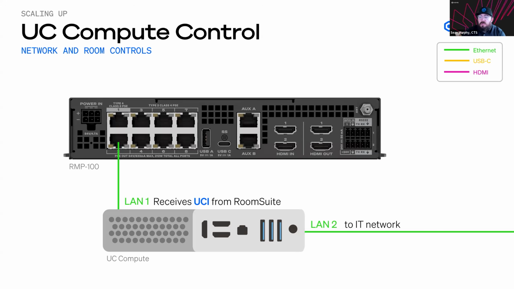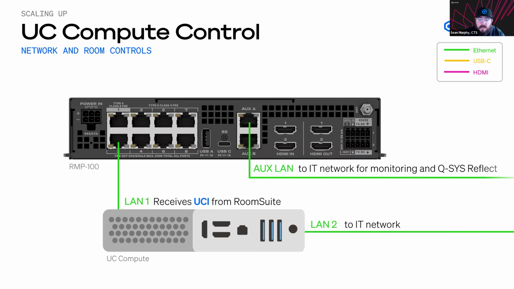LAN 2 will go to the IT network, and then our aux LAN for the processor will also go to the IT network for monitoring and reflect. So we are requiring with Q-SYS Connect, at least as of right now, that the compute connect directly to the RMP 100's main network. But this is being worked on.